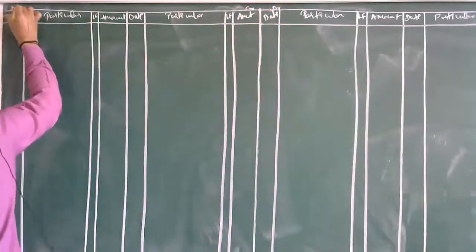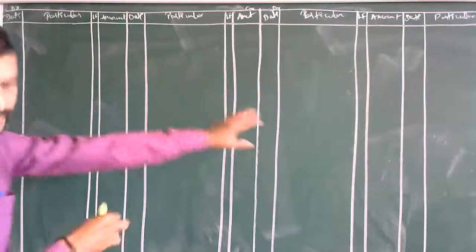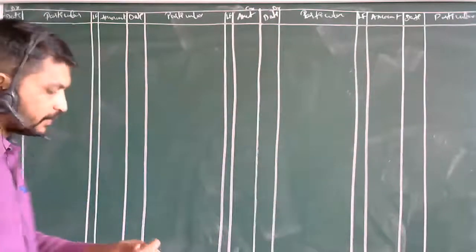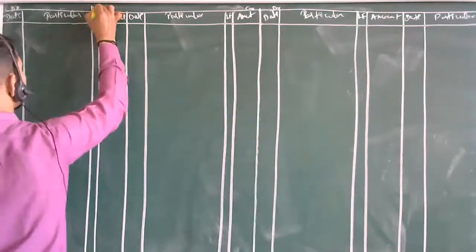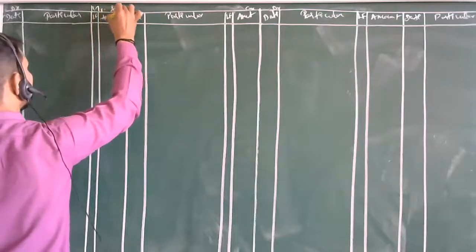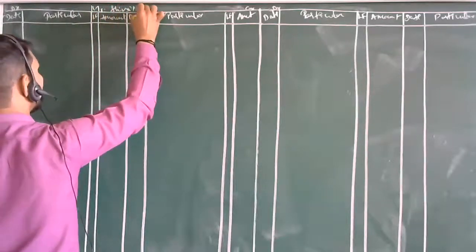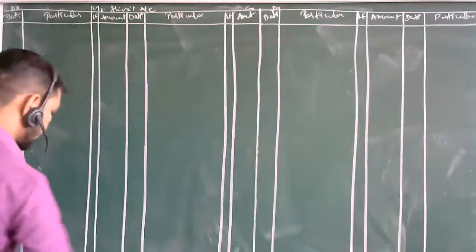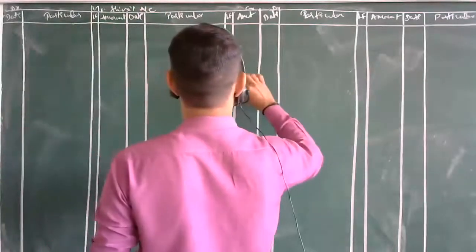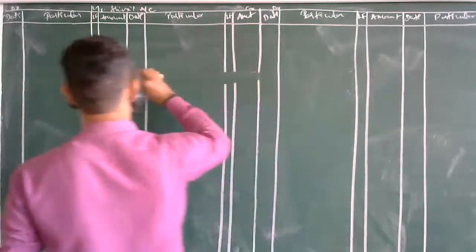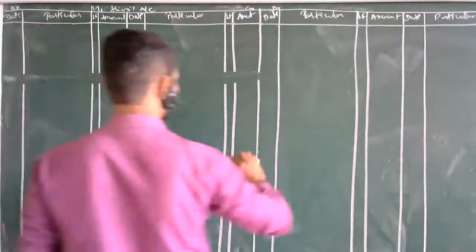So these are all things you all know now. Debtor side, creditor side, then all the accounts. The first one goes with Mr. Shiva's account. Then next, one more.